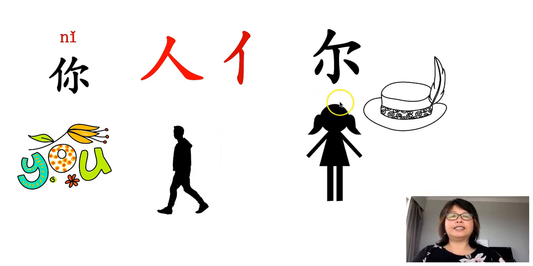And on the right hand side, underneath is like a little person, and on the top it's like a head. So you can come up with your own story. Try to remember this character. This is 您, which is a respectful form for 你.